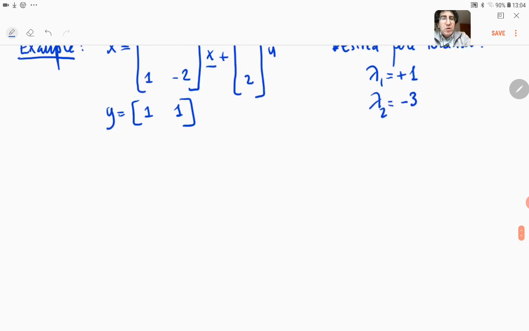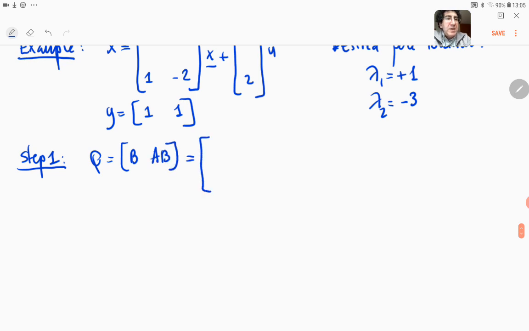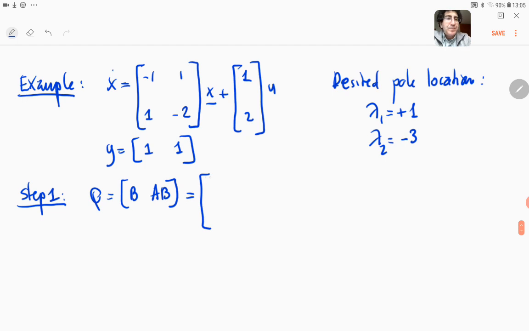Okay, so here is step 1 where we check for controllability. So the controllability matrix is B, AB for the second order system. B is given by 1 and 2. And if you multiply A and B, you will get 1 and minus 3.